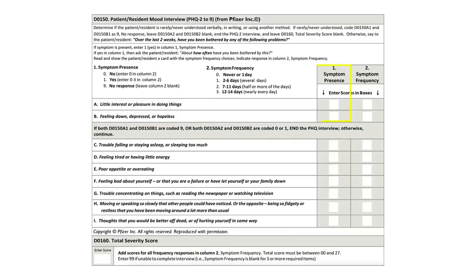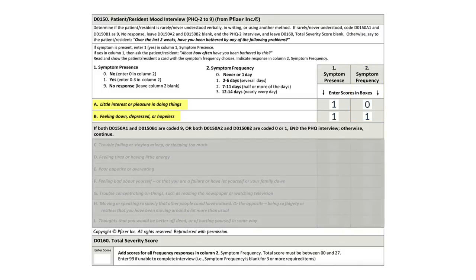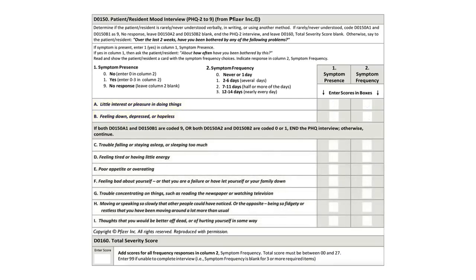If both D0150A1 and D0150B1, symptom presence, are coded with a 9, or both D0150A2 and D0150B2, symptom frequency, are coded with a 0 or 1, end the PHQ interview. Otherwise, continue to ask the remaining 7 questions. Alternatively, notice that in this example, one of the symptoms was coded with a 3. This would indicate that the interview should continue, addressing the remaining 7 questions.